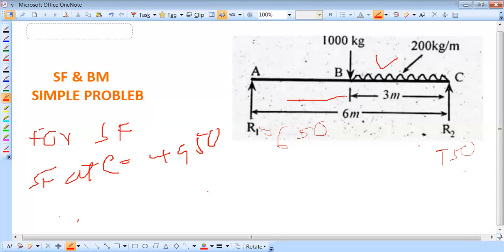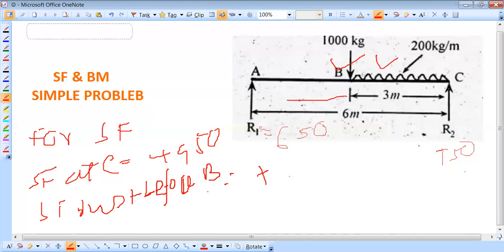Then SF at B, not actually B. When a compound type of force acts on the beam, you have to find the SF just before B. So SF just before B is equal to plus 950 upward, then this UDL is 600 downward, which gives 350.